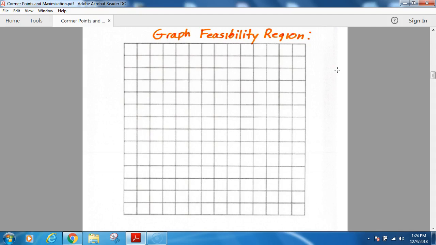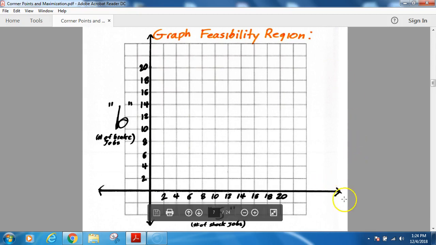Our axes have to do with S, the number of shock replacements, and B, the number of brake replacements. So I'm going to create that axis. I put the S on the horizontal and B on the vertical right here. Quick note, with this grid I used, I labeled these in 2s, not 1s, so just be aware of that. Alright, so got that down.